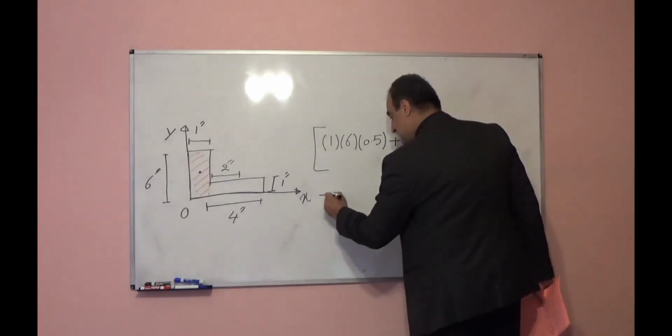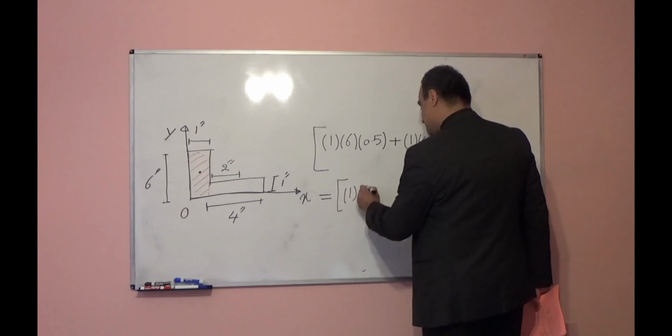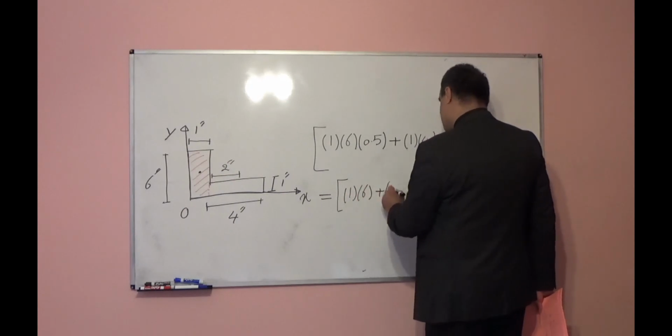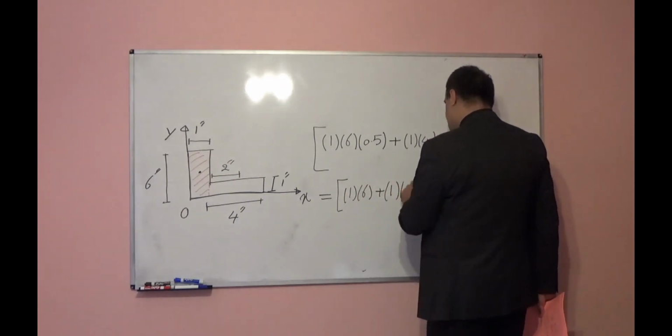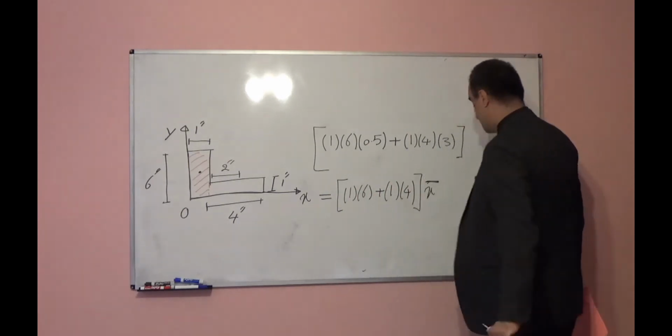That should be equal to total area, which is 1 times 6 plus 1 times 4, times x bar.